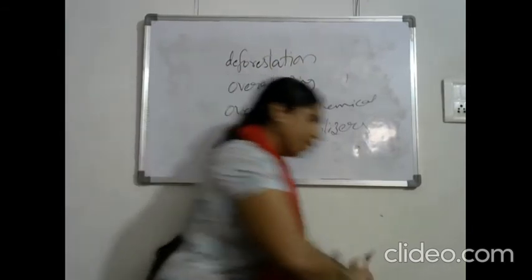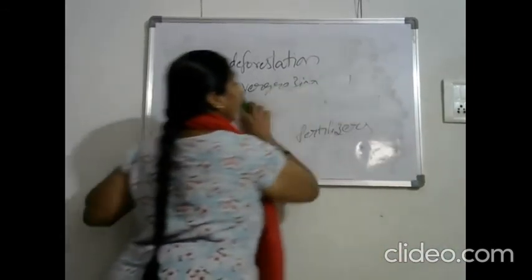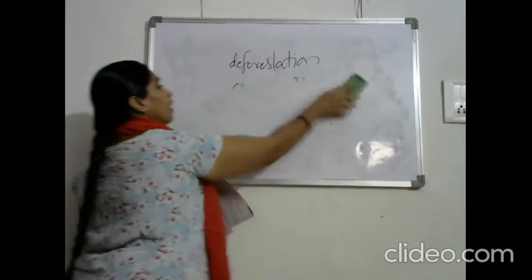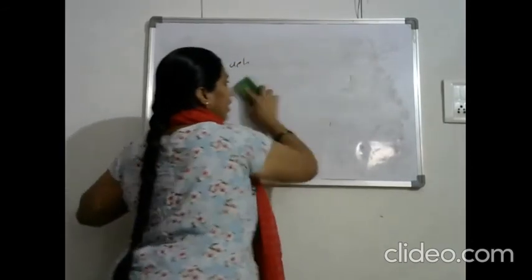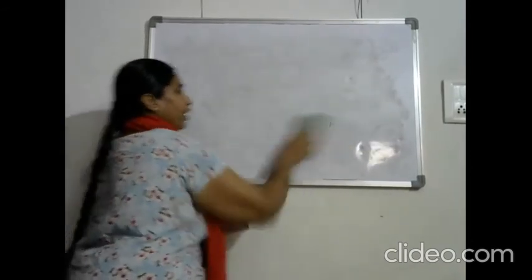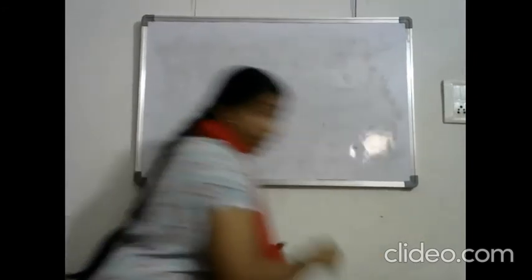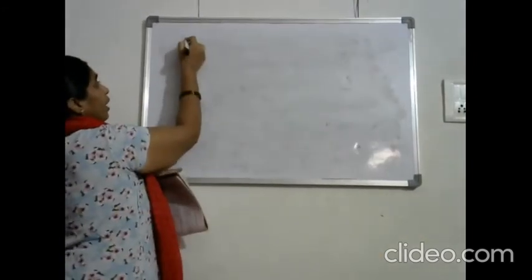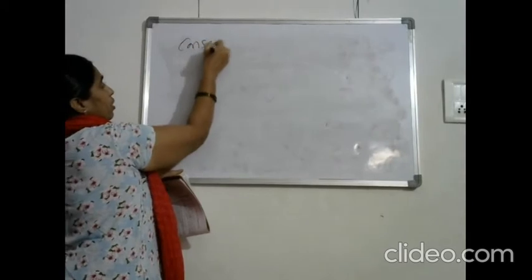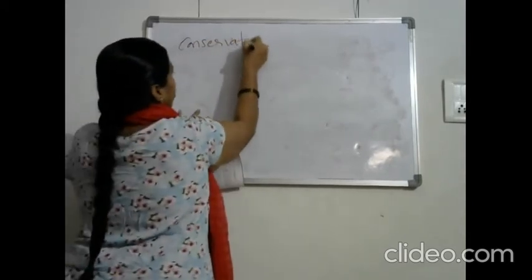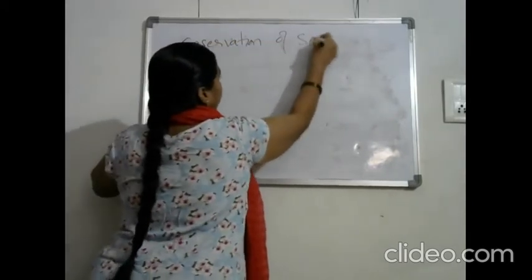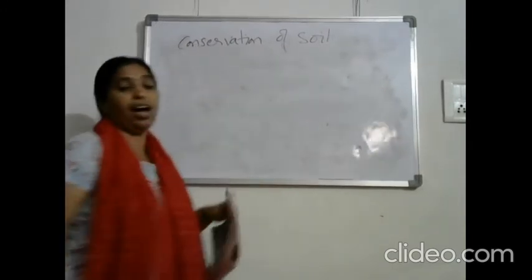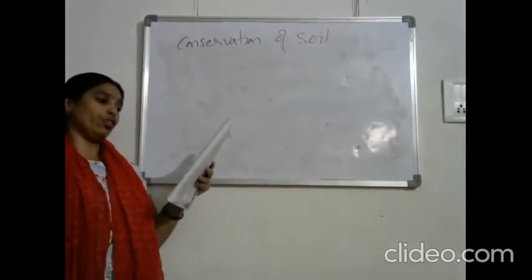But we can't lose hope for this. We can increase the fertility of the soil. We can conserve our soil resource. How? There are different methods for the conservation of soil. So, what are the different methods that lead to the conservation of the soil?